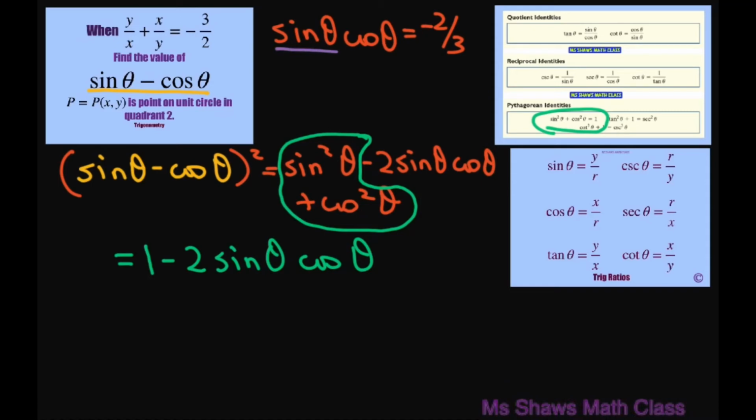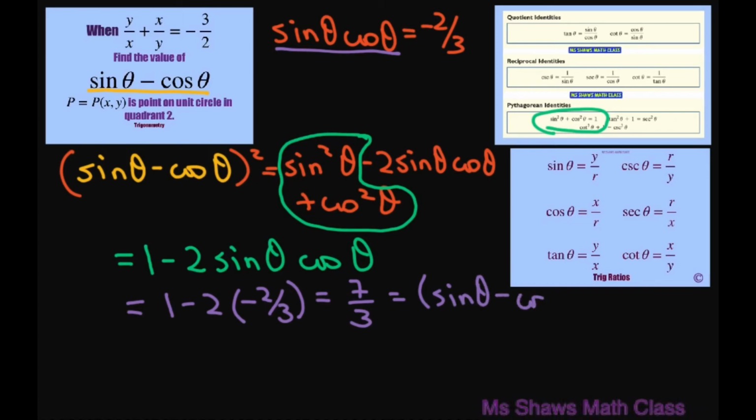Now, we know what this equals, so I'm going to substitute that in. So that's going to be 1 minus 2 times negative 2/3. Now that's going to equal 7 divided by 3. And again, this equals sine of theta minus cosine of theta squared.